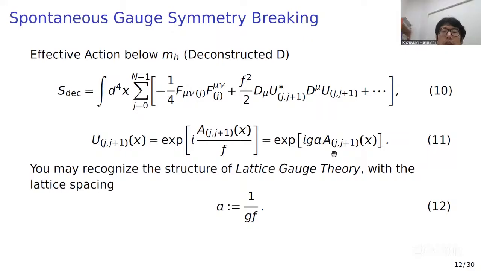If you write it this way, and if you are familiar with lattice gauge theory, this is nothing but a link variable, with a interpreted as the lattice spacing, meaning the space between two neighboring lattice points.